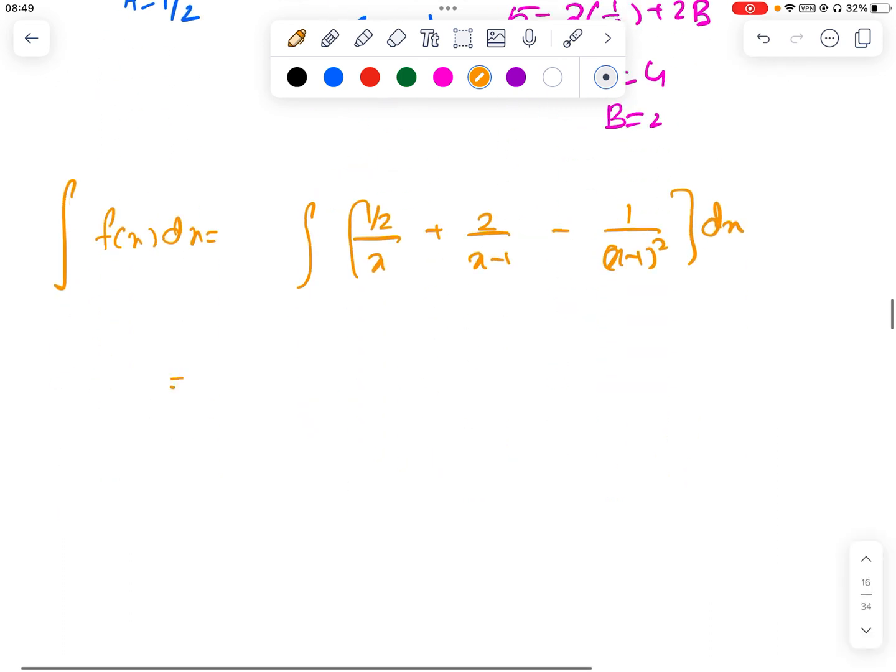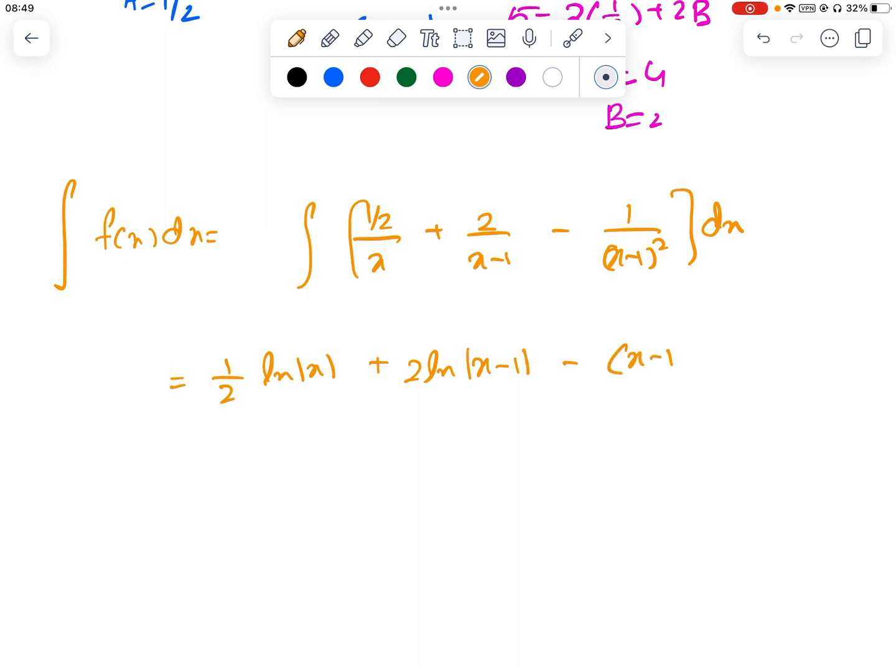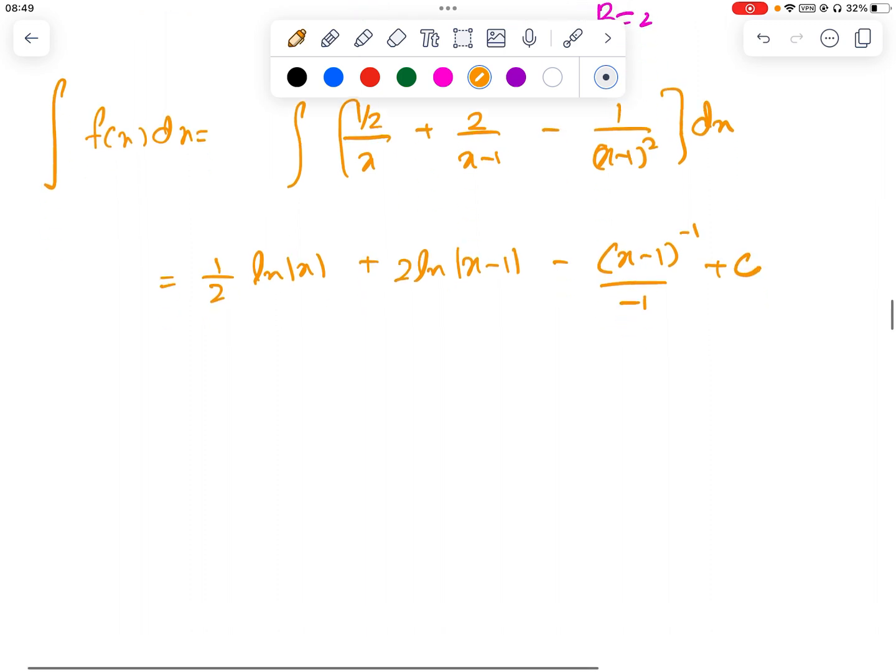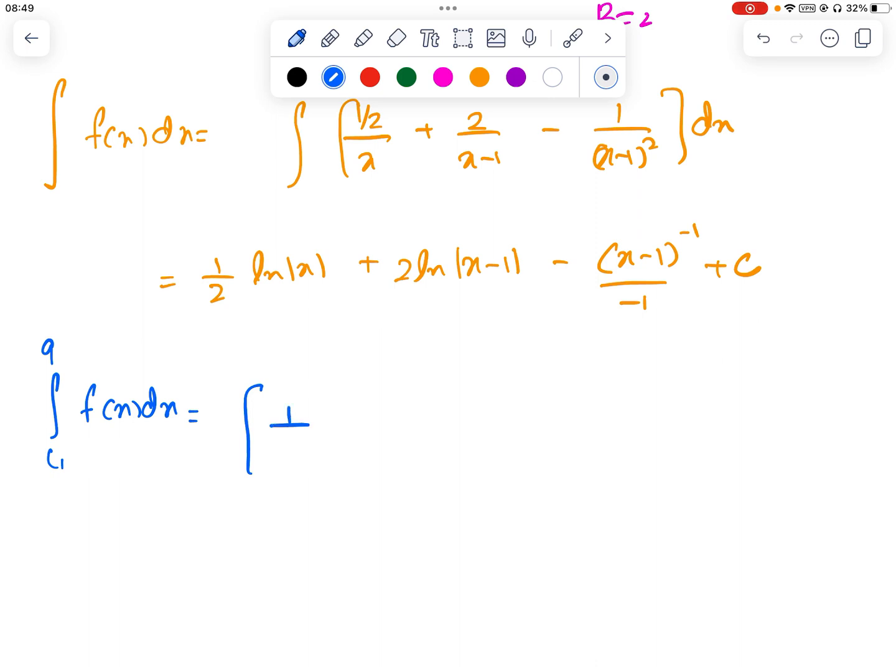So it becomes 1 upon 2 ln x plus 2 ln of x minus 1, then minus x minus 1 whole power negative 1 upon negative 1 plus c. Now for this one we have to apply the limits 4 to 9. So it is 1 upon 2 ln x plus 2 ln of x minus 1 plus 1 upon x minus 1, from 4 to 9.